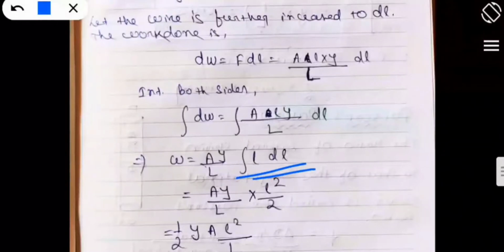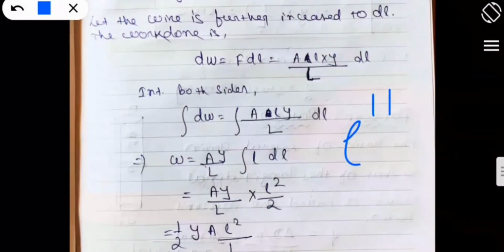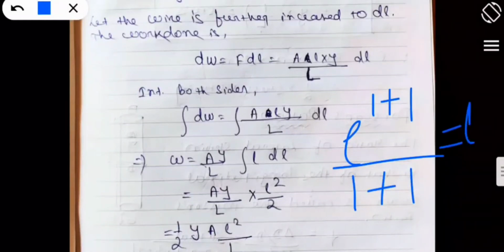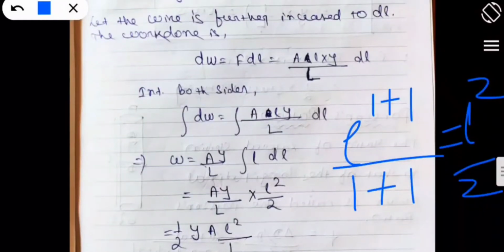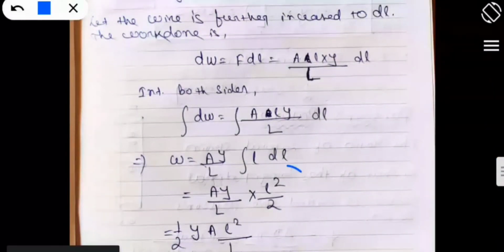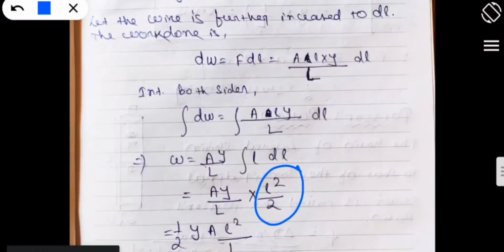So the integration of l into dl. The formula for the integration of l into dl is what? l to the power 1 plus 1, divided by 1 plus 1. This is what? l squared divided by 2. So this integration is going to give me the result l squared divided by 2.